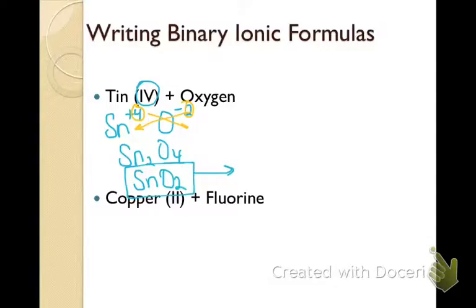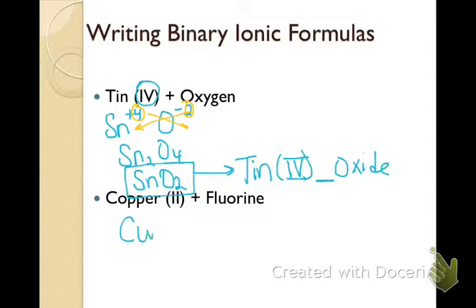Let's go ahead and name these. Now again, you need to make sure that you write the Roman numeral in parentheses. So tin(IV) oxide. Also, make note that between the name of the metal and the Roman numeral, there's no space. It's all clumped together, so make sure that you write them out properly.